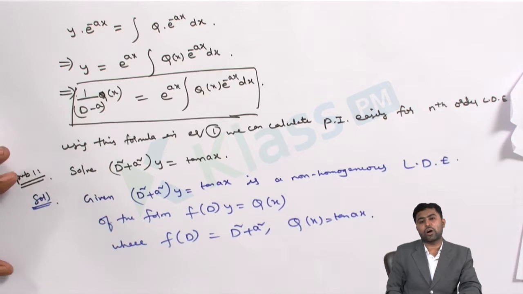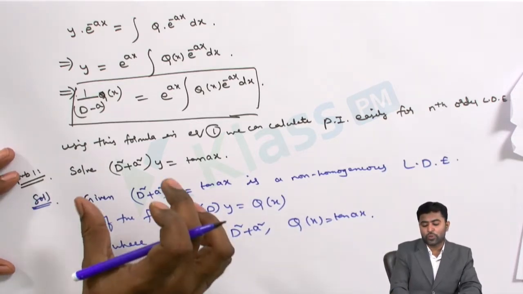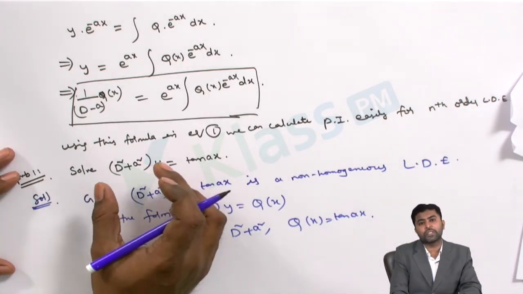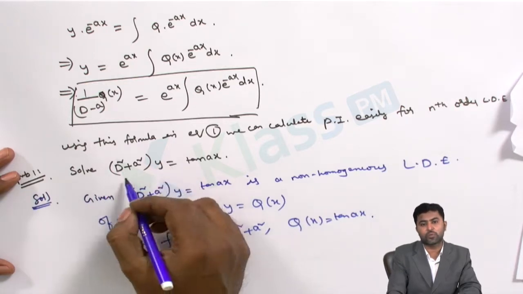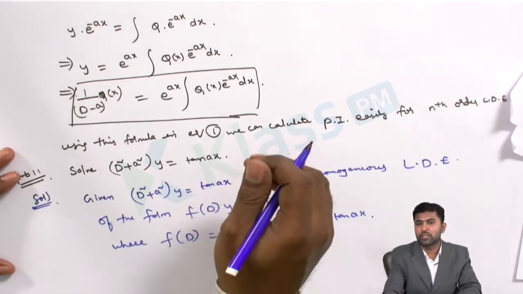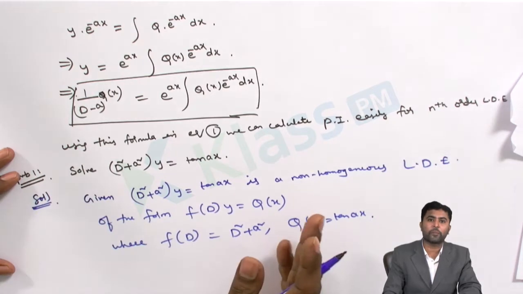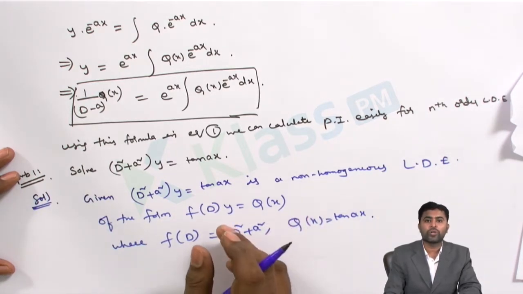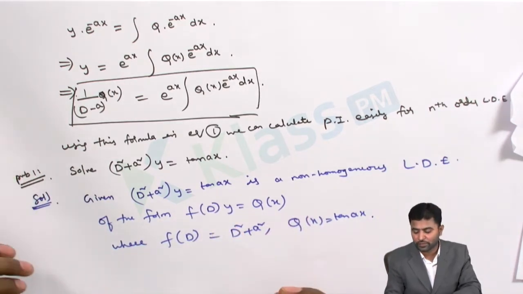So for finding the complementary function, first we should consider only the homogeneous differential equation, that is d square plus a square into y is equal to 0. Then for finding the particular integral, we have to use the conditions we have written.